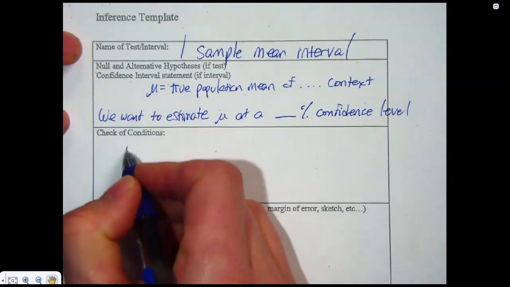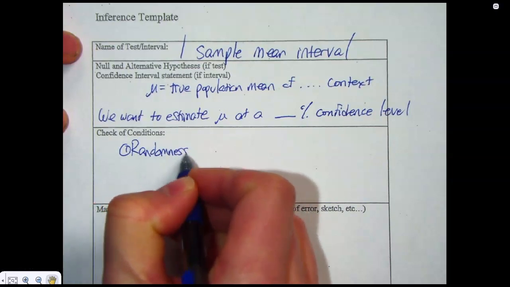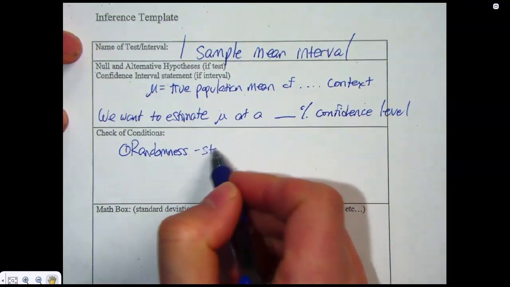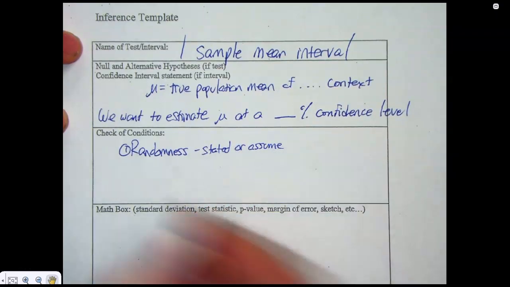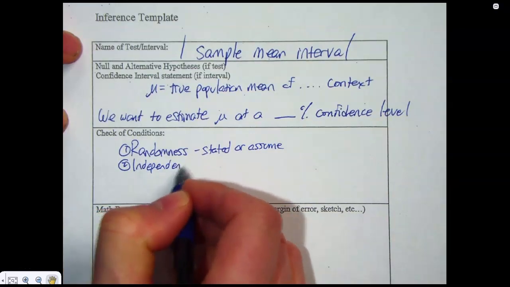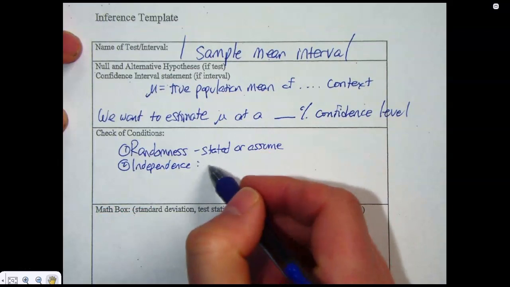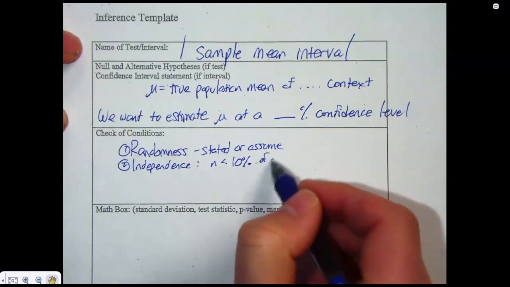You still need randomness, so stated or assumed. You need independence, which is that n is less than 10% of the population.